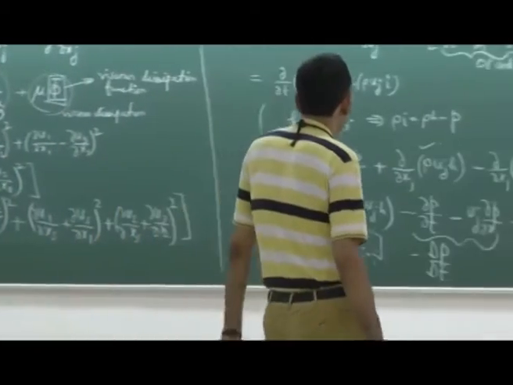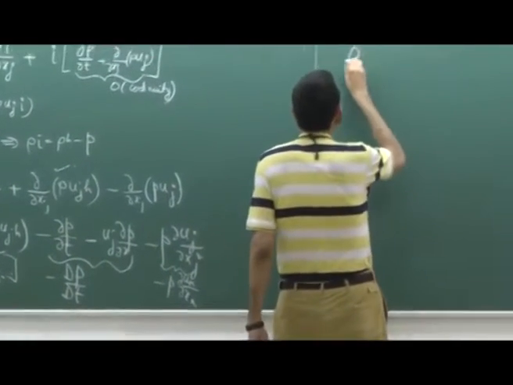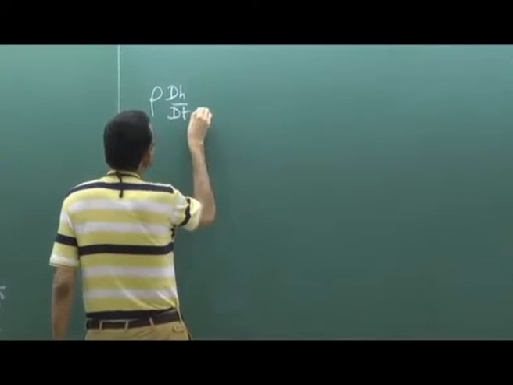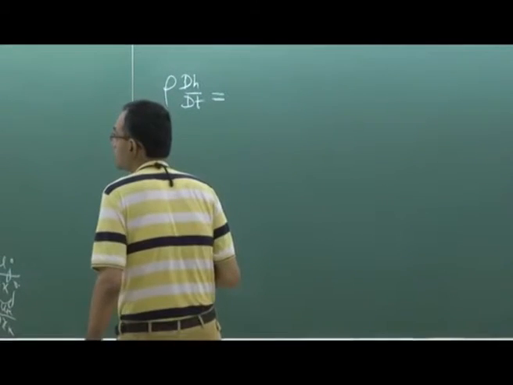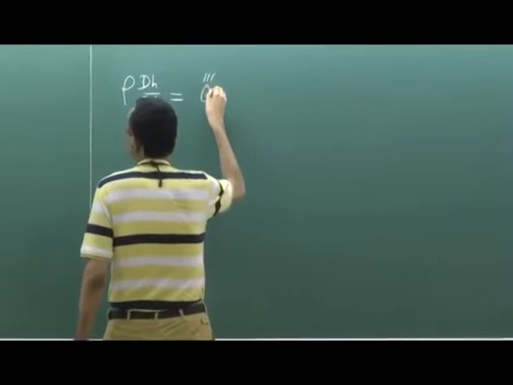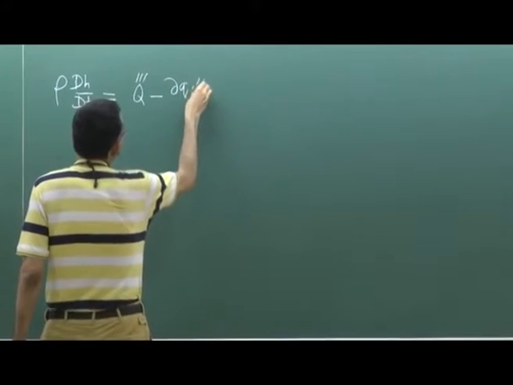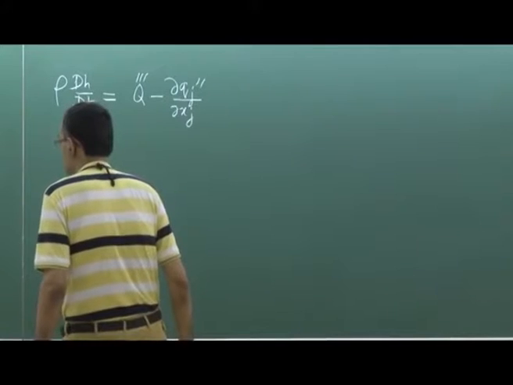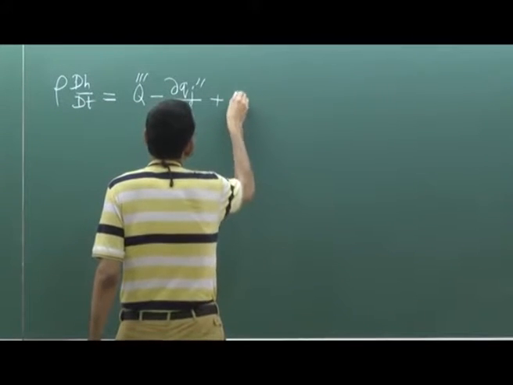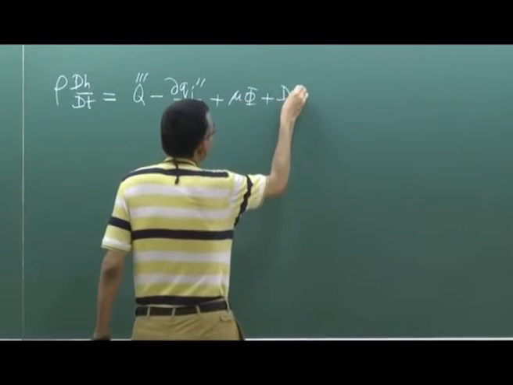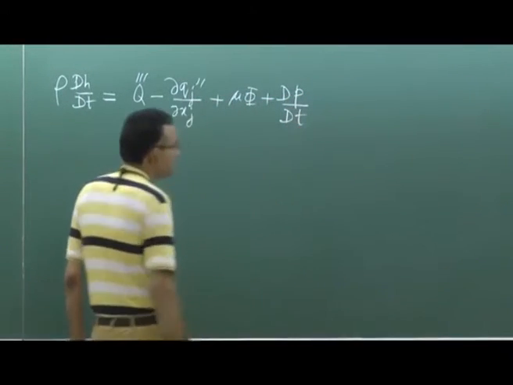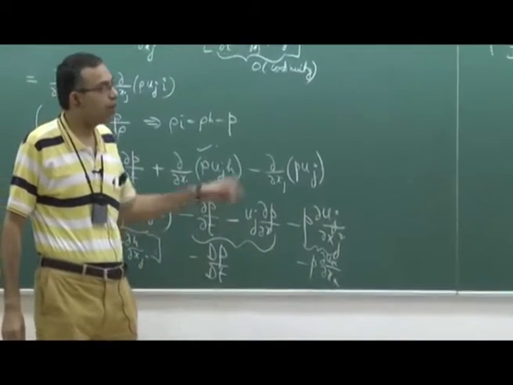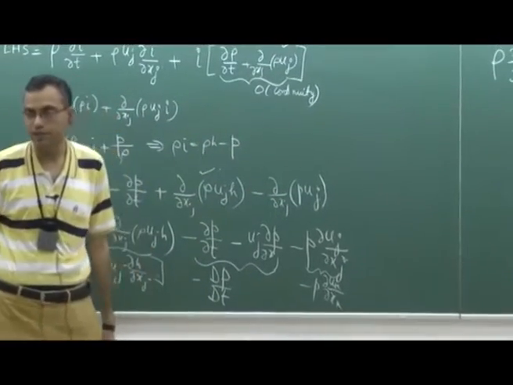So you are left with the minus dp/dt term from the left hand side, which we have brought to the right hand side, and it has become plus dp/dt.